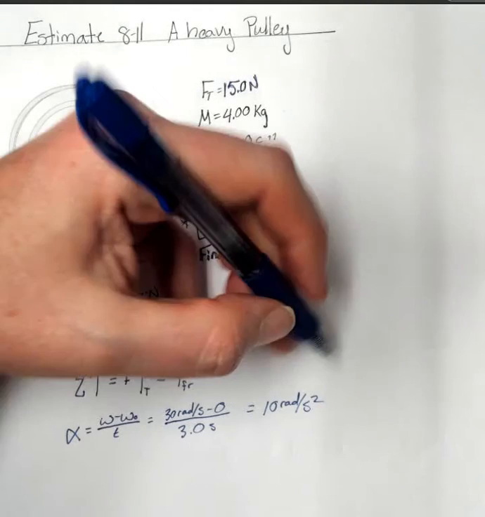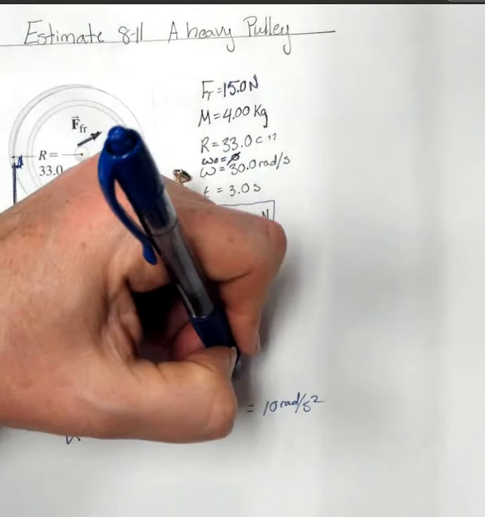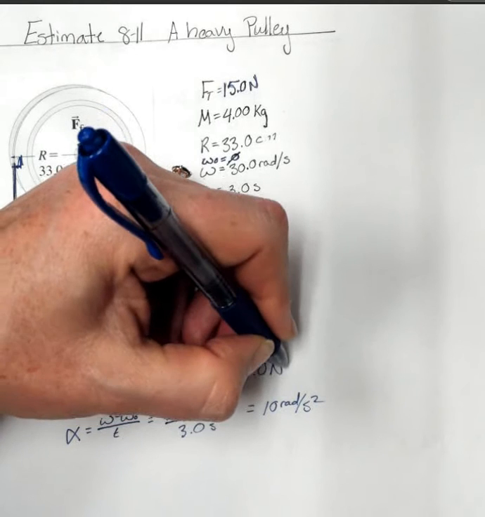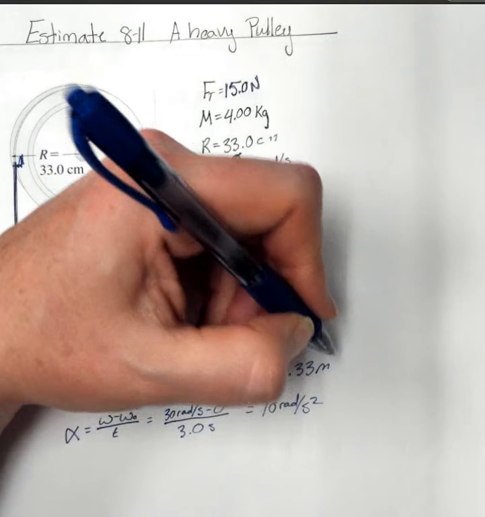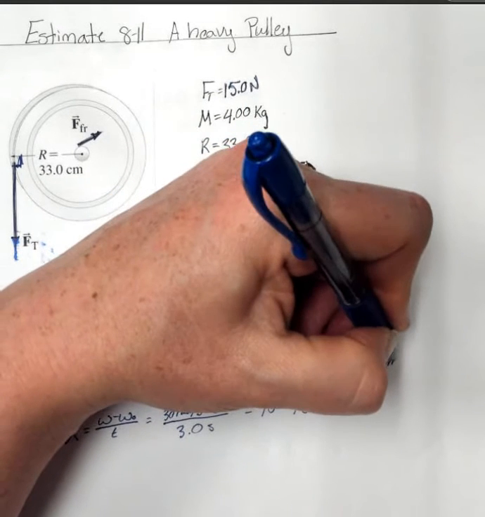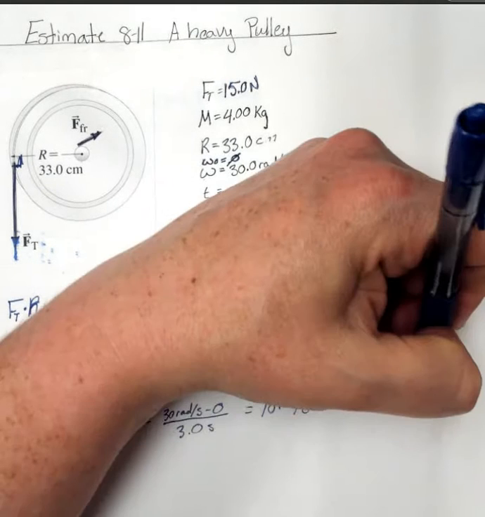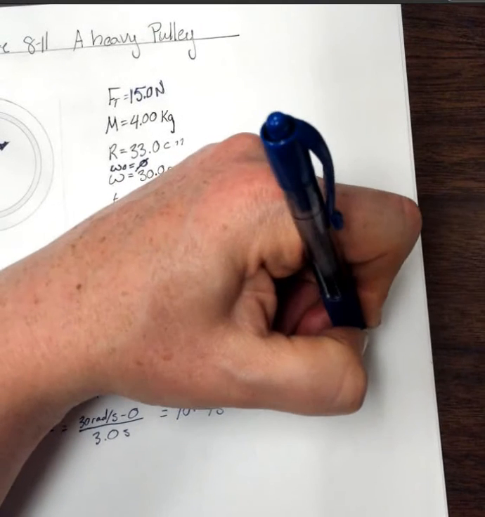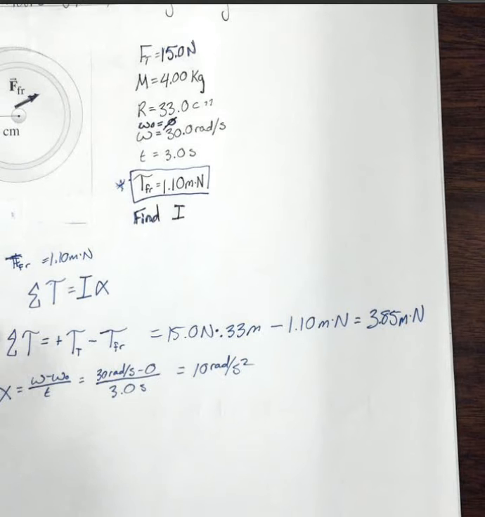So I can plug that in and I get 15.0 newtons times 0.33 meters minus 1.10 meter newtons, and that will give us our net torque. If we calculate that out, it's going to be 3.85 meters times newtons. So that's my net torque.